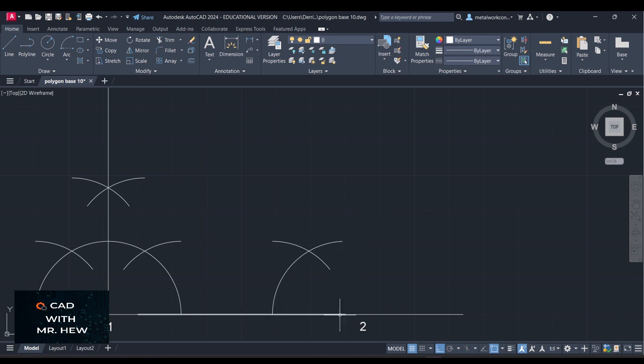You use the same radius and you put it here where the cursor is. Put the compass point here and you mark an arc to intersect the previous arc that you drew from 2. Is that clear? Good. So where these two arcs intersect, which is right here, a line drawn from the intersection to the end of the line at 2, where this red dot is, that is the 60-degree angle.